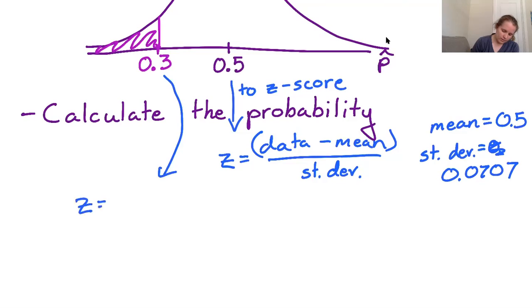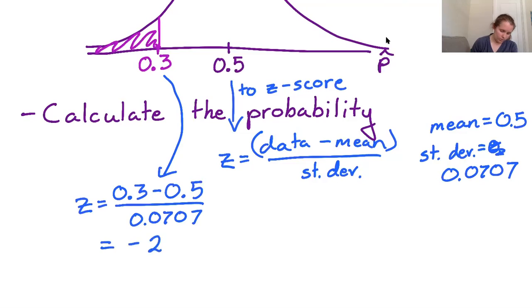So z is equal to 0.3 minus 0.5 divided by 0.0707. And if we do that, we are looking at approximately negative 2.83.